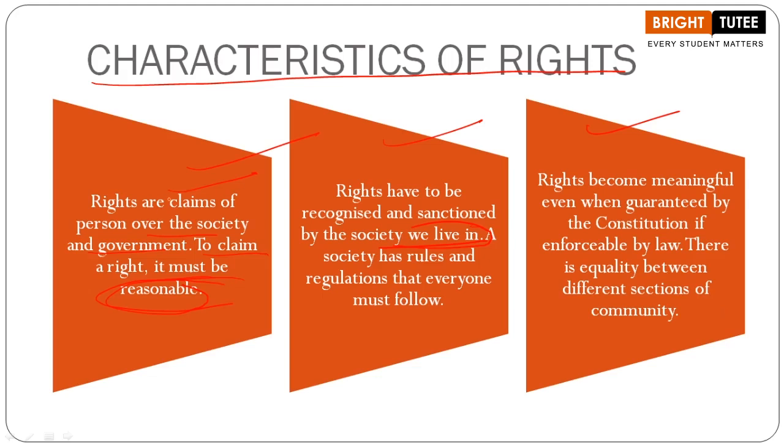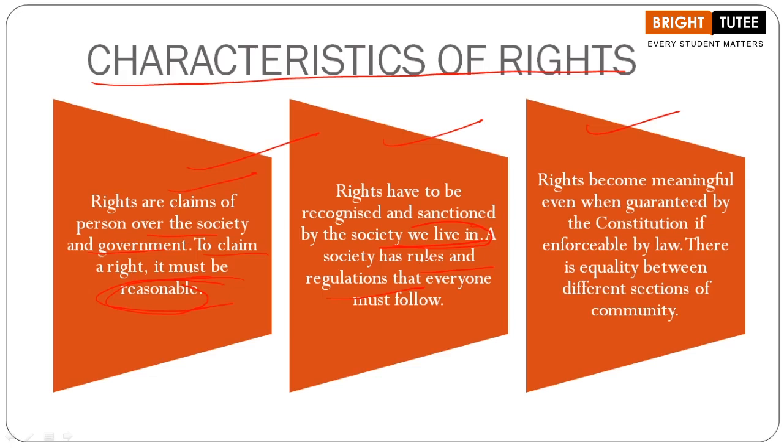Again, another important point to keep in mind. There are certain rules and regulations that we all know. The laws that have been made in our country, we have to follow and respect. It is a must. It is the collective responsibility of the members of the society to cooperate with each other.